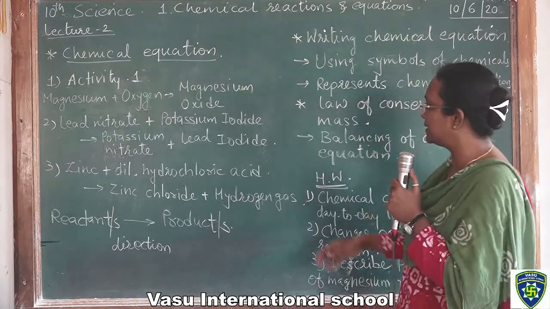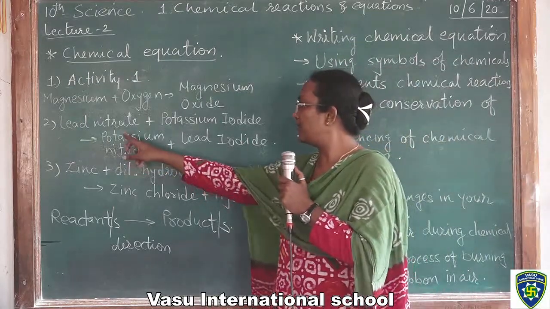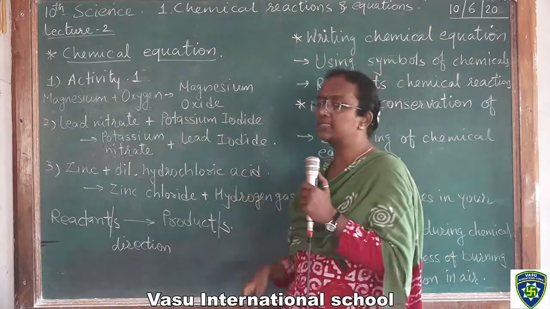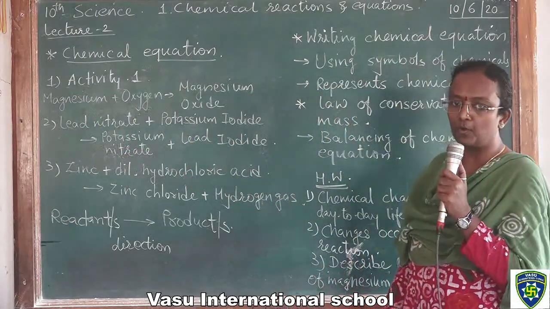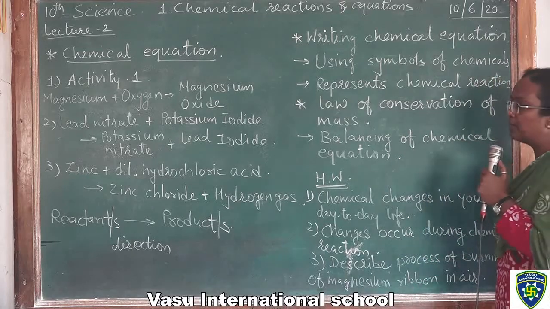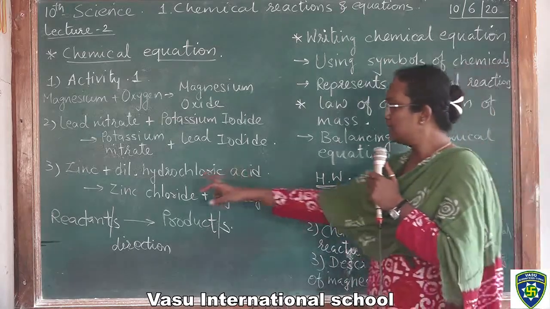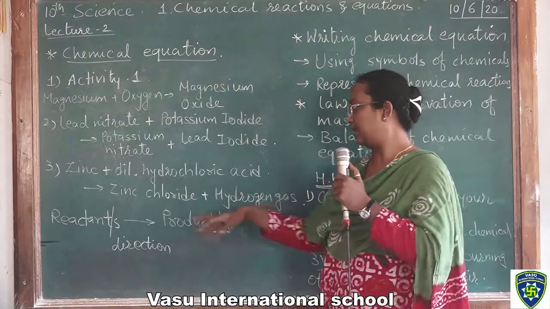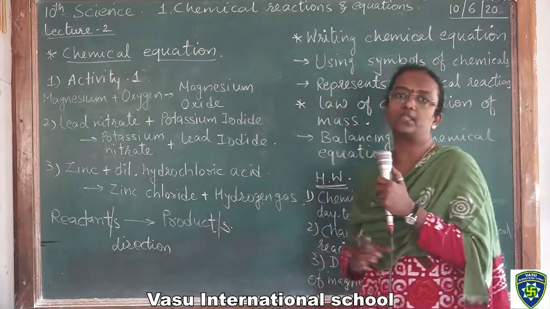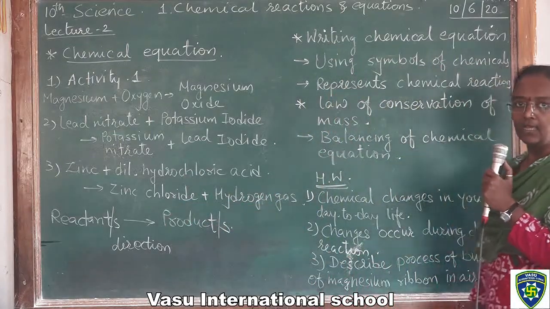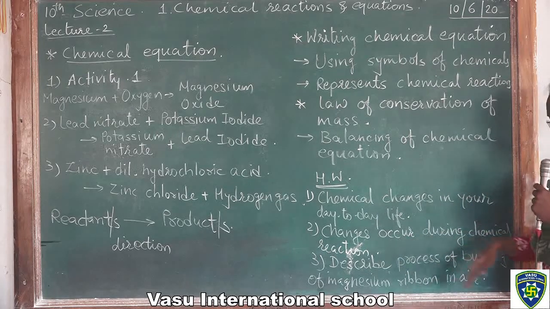That means it changed the state. Second reaction, whenever lead nitrate and potassium iodide are combined, it turns from colorless to yellow, that means change in color. Zinc plus dilute hydrochloric acid gives zinc chloride and hydrogen gas, that means the third change is evolution of gas, that you need to write over here.